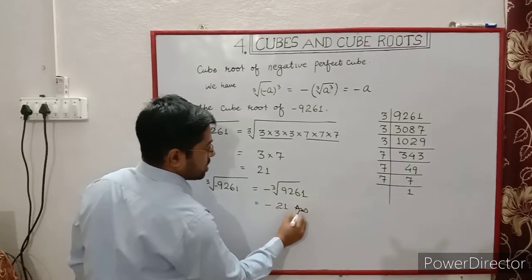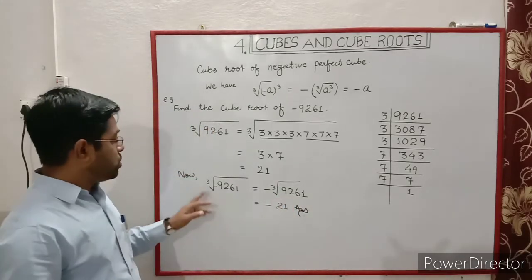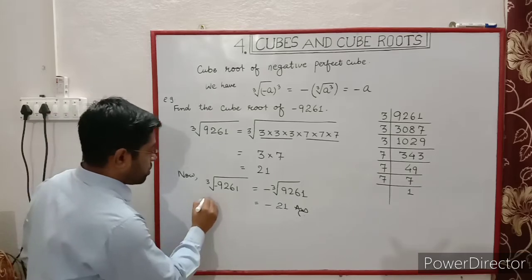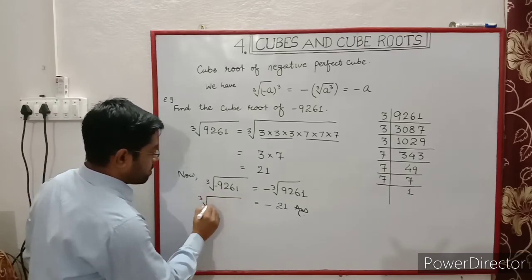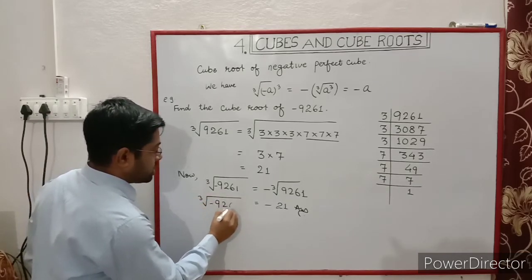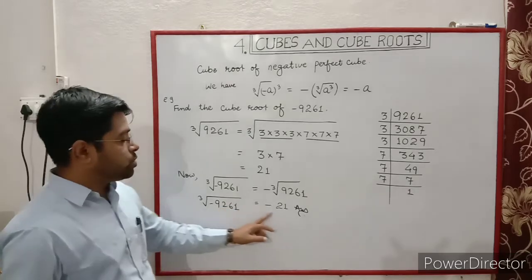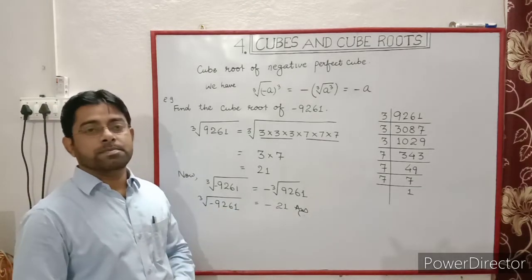That is answer. So cube root of minus 9261 is equal to minus 21.